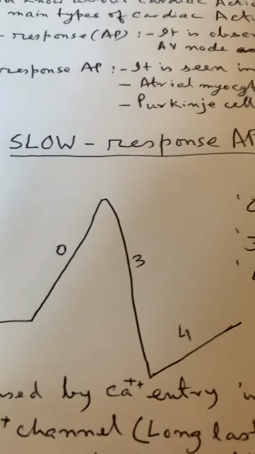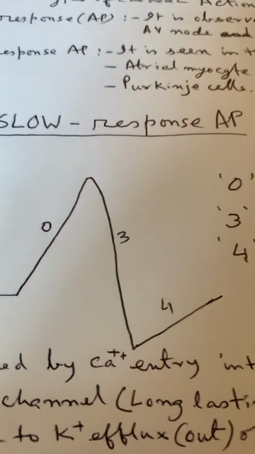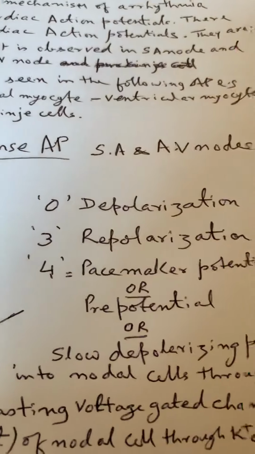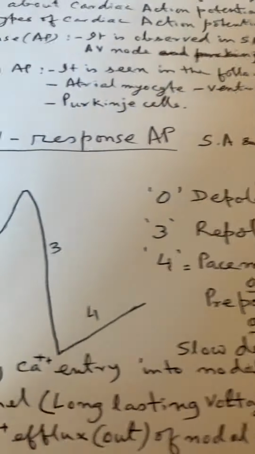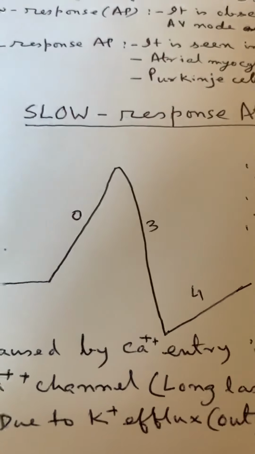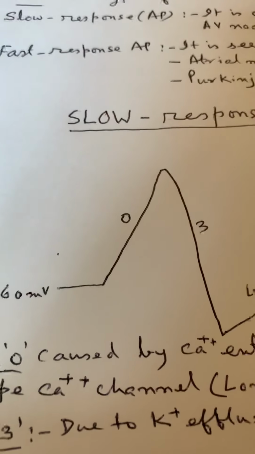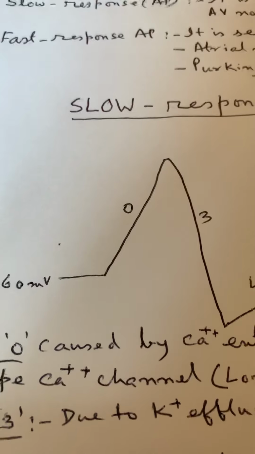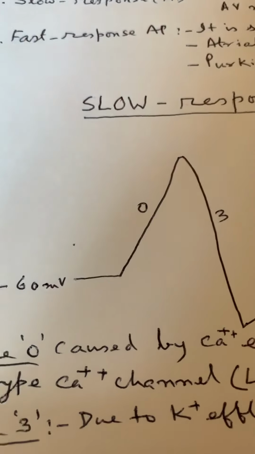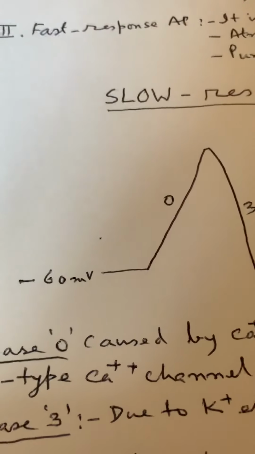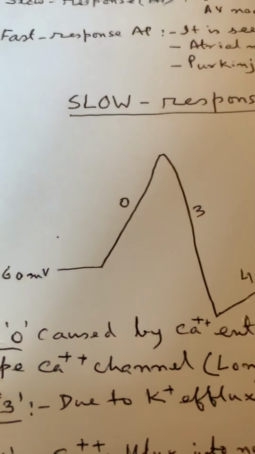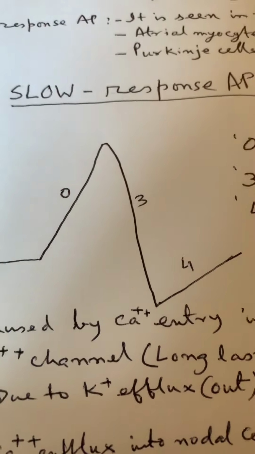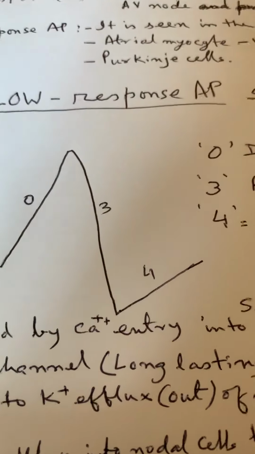Now we will start with the slow response action potential, arising from the SA node and AV node. This is the shape of the slow action potential. The resting membrane potential is minus 60 millivolt, and there are three phases: 0, 3 and 4.